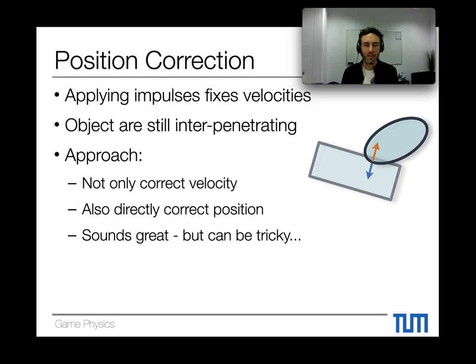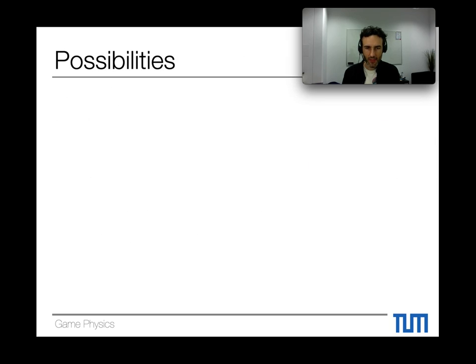Also, as a warning, this is in a way an extension that you often need to get a good result for something like a virtual game. It's definitely less physical. The impulse has a very sound foundation, but this position correction step is really more of a fix-up, as you'll see.